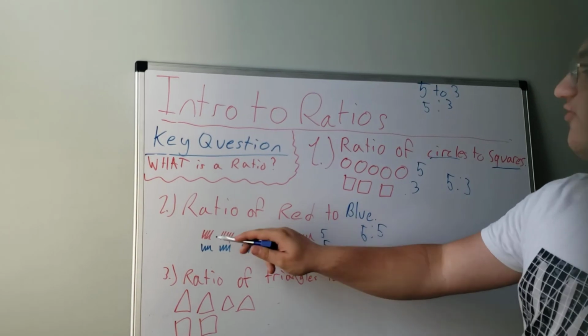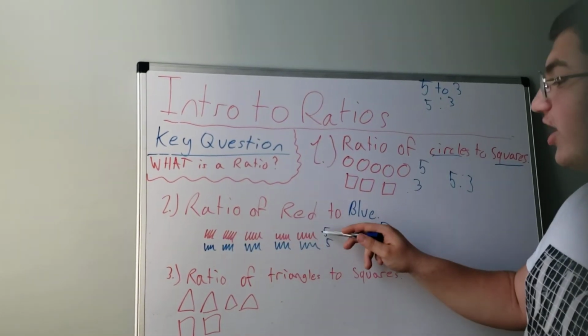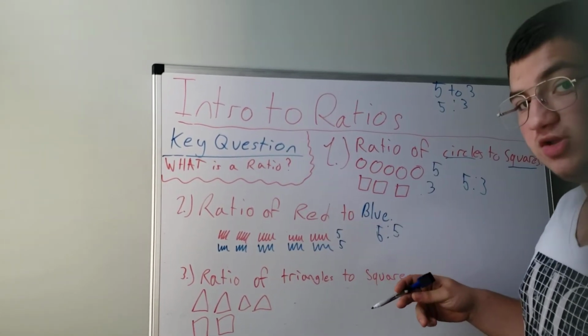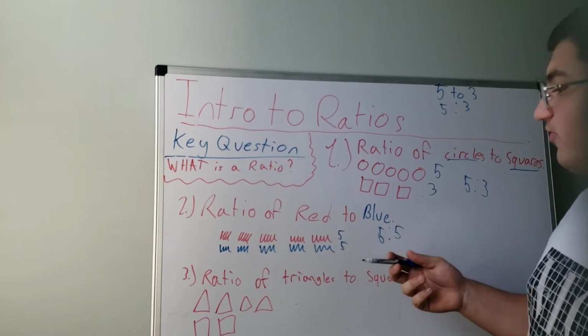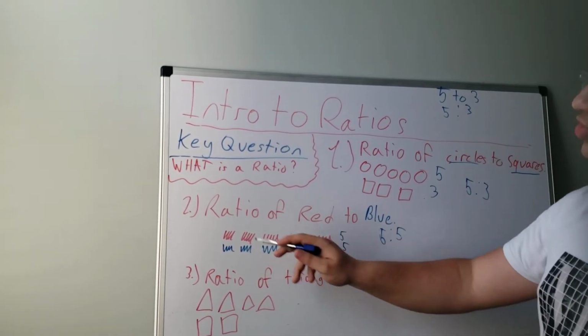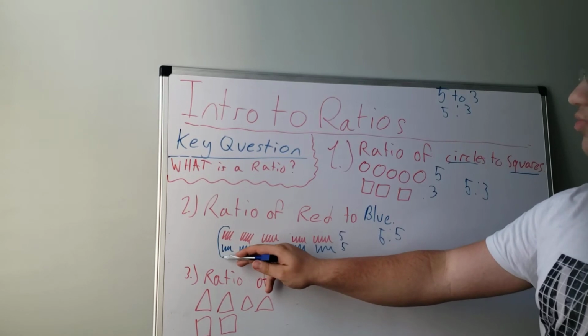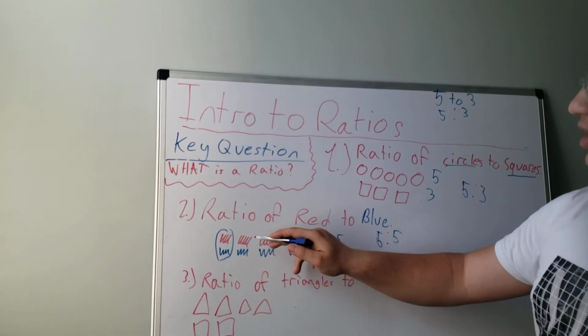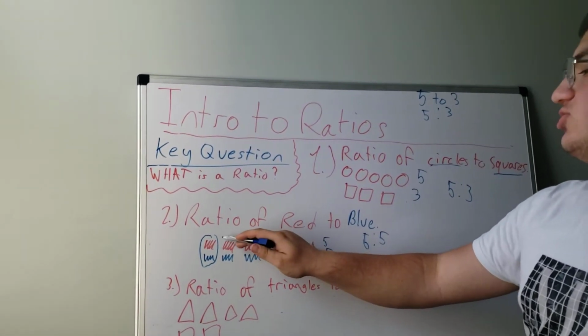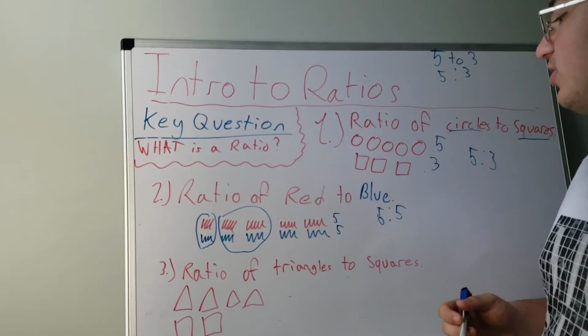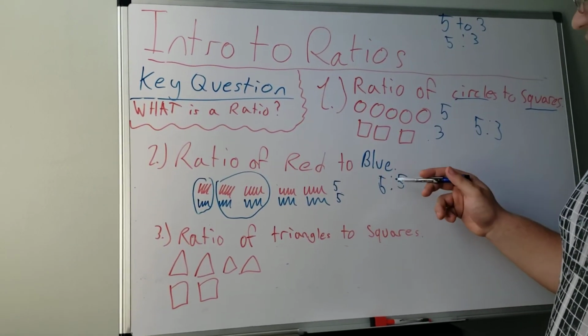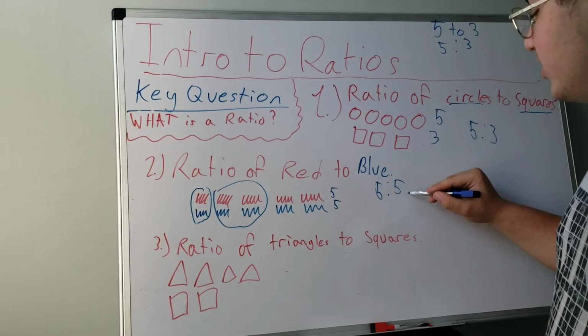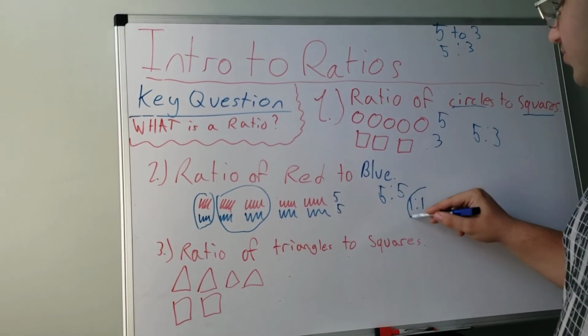So, this shows that for every 5 reds, we get 5 blues, right? So we can simplify that. We can say, and this would be true, for every 1 red you get 1 blue, and then for every, let's say, 2 reds, you get 2 blues, and so forth and so on, right? So we can simplify this and say that this is a 1-to-1 ratio.